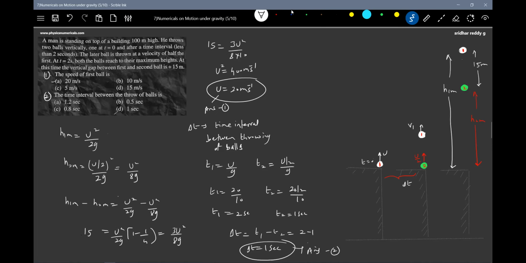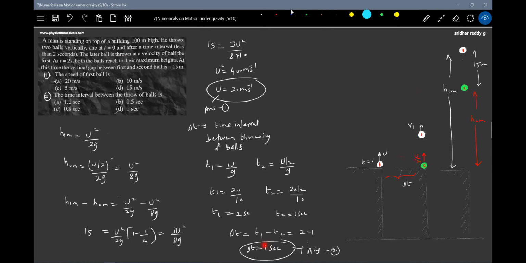Say I'll throw the first ball. After a certain time, I'll throw the other ball. So how much time will the first ball take to reach here? 2 seconds. What about the second ball? From here, the time measurement will be 1 second. So there's the interval of time. So the first ball will take 2 seconds to ascend. The second ball will take 1 second to ascend. The difference of that time is the time interval between the throwing.